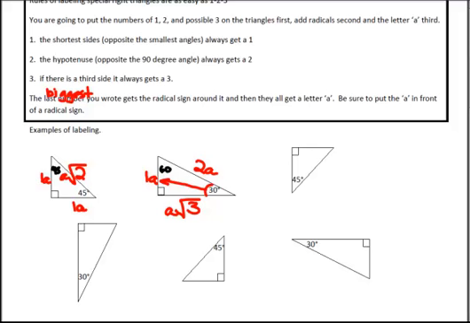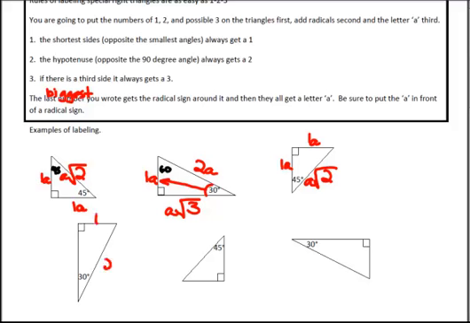Okay, you guys try to do the rest. Pause the video or else you're going to see the answers. You try it, and then I'm going to move on and go ahead and label these, and you can compare your answers. Okay, 1, 1, 2, square root, A, A square roots of 2.